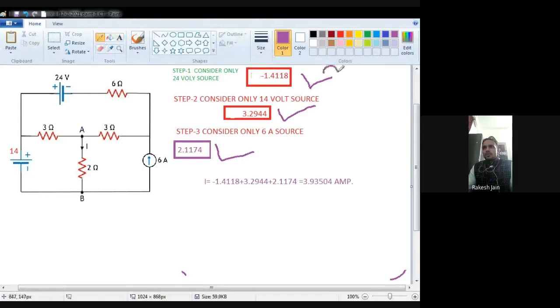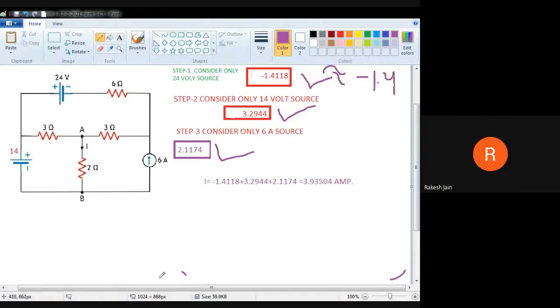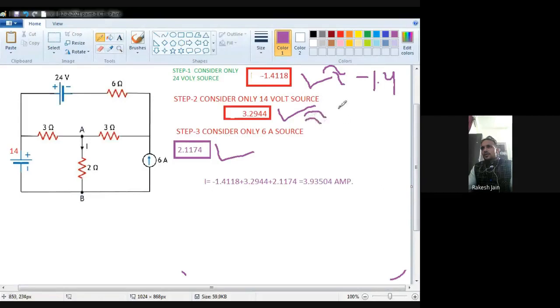But we have to find the value of I1. Now see, 5I1 minus 3 multiplied by I3, and what is I3? Minus 2.471, that is equal to minus 12. Okay. Now what is my answer? With the help of this equation, I will find the answer of I1.